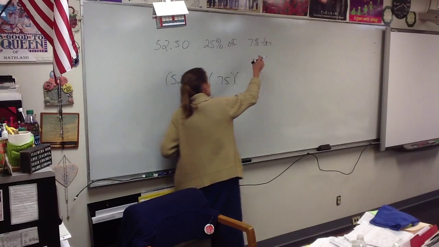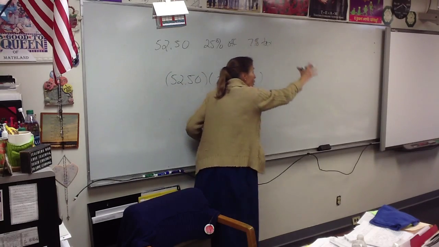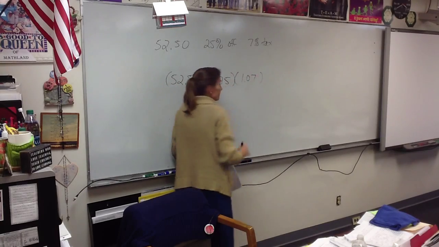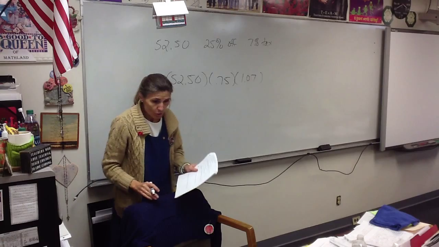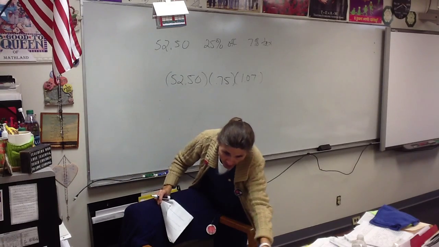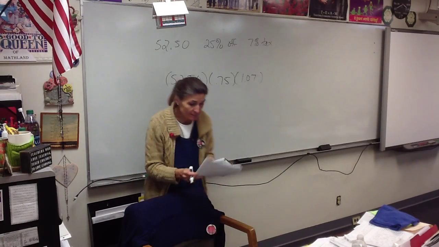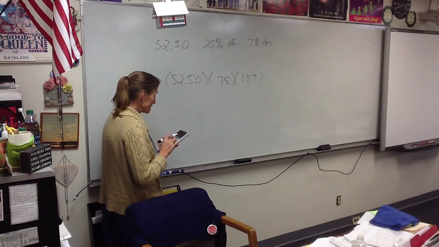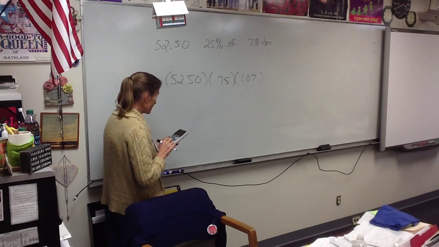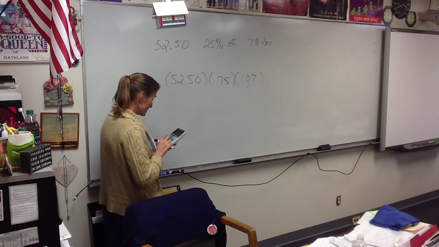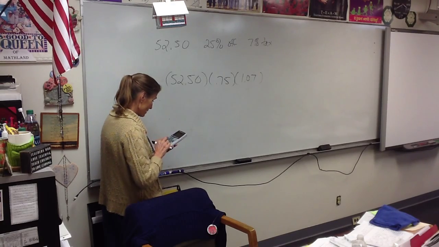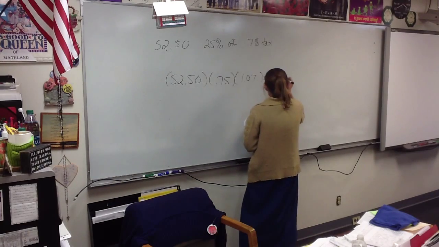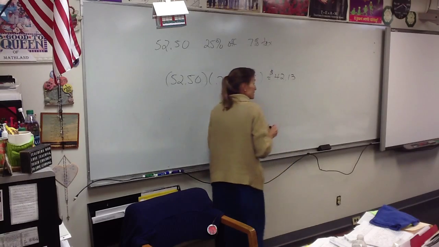Now, what are we going to multiply by if we're adding on 7%? 1.07. So you would simply type that into your calculator. This is probably going to be a test question. You are all at some point in your life going to buy something on sale. You're going to pay tax. So 42.13.